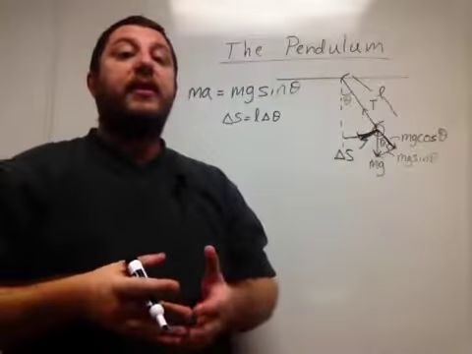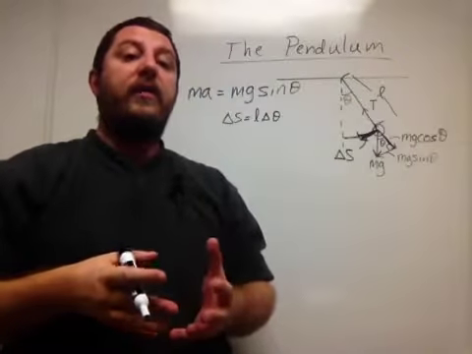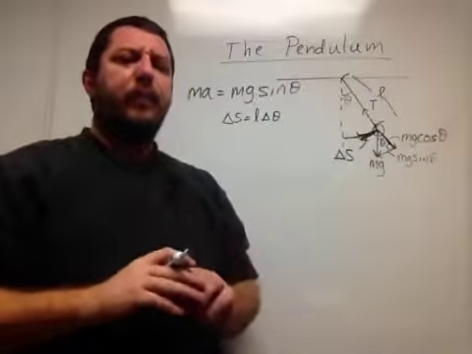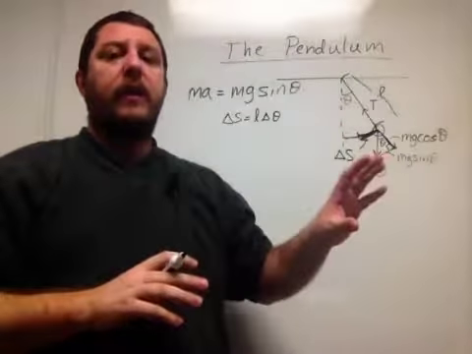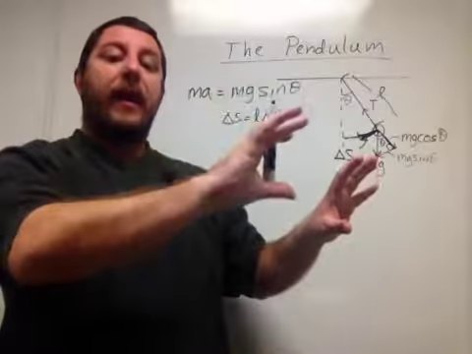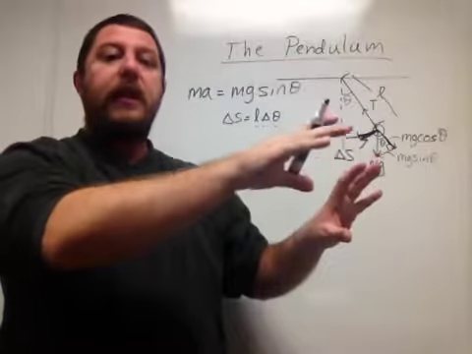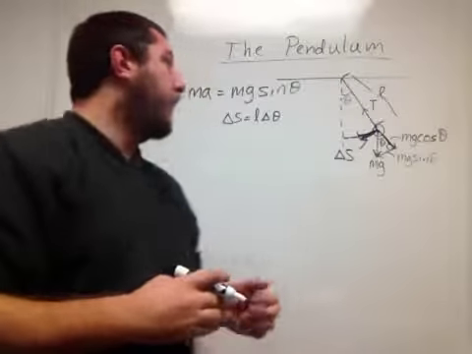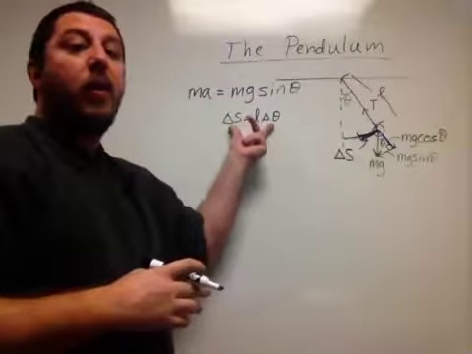And this comes from the relationship S equals R theta, or theta equals S over R. Right, and that's a simple result from geometry. An arc length is equal to the angle in radians that the arc length subtends multiplied by the radius. Okay, so this definition holds.